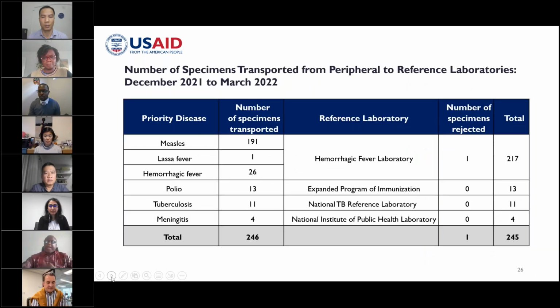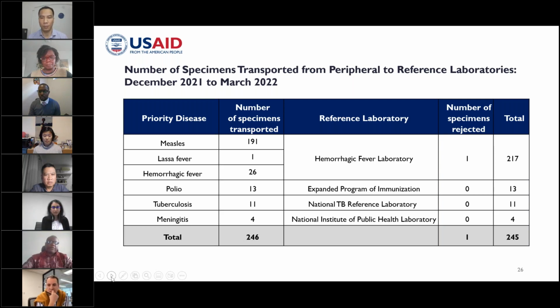So we conducted the pilot for a period of 3 months from December 2021 to March 2022. During the pilot phase, a total of 246 samples that could not be tested at the regional labs were transported to the reference lab with a rejection rate of 0.4%.